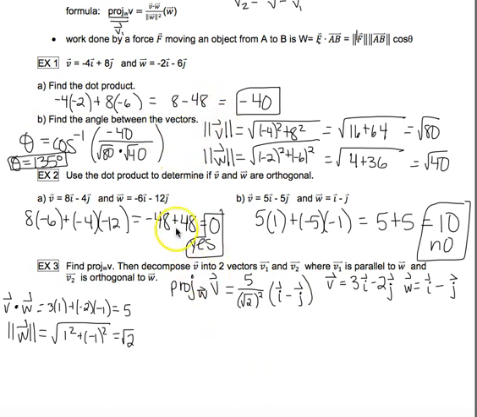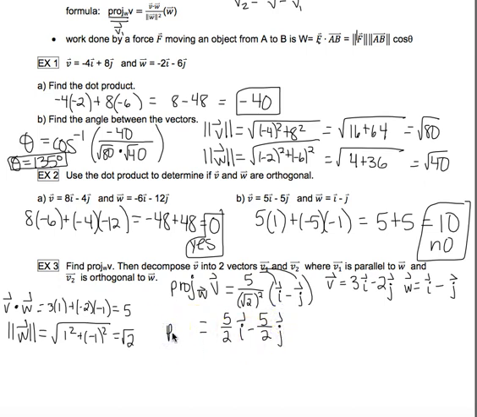All right, so when I square a square root, it just gives me itself. So that just is going to give me a plain old 2. So I have 5 halves in front, which I then need to distribute over my vector. So 5 halves vector i minus 5 halves vector j would be my projection.